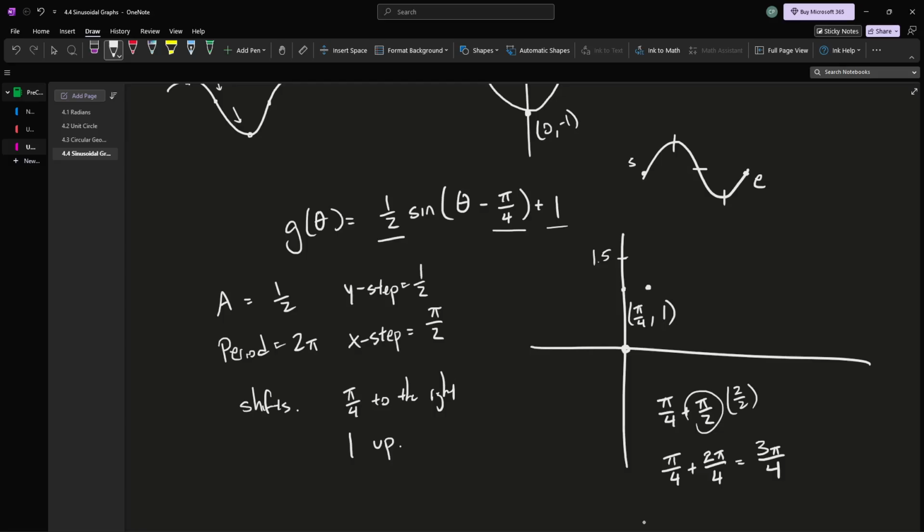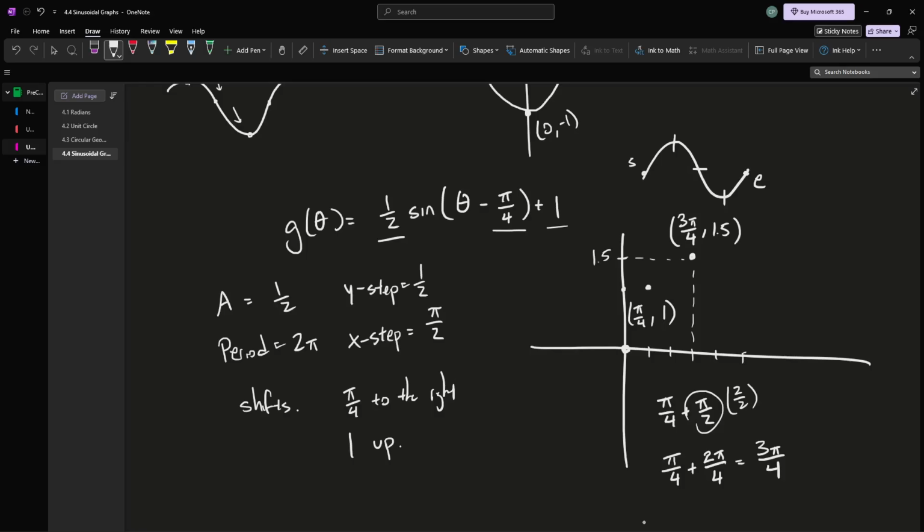So go forward and try to keep it to scale. I went 1/4, so 1/2 should be over here. 3 pi over 4, 1.5. Next up, I'll go down. So subtract 1/2, back down to 1.